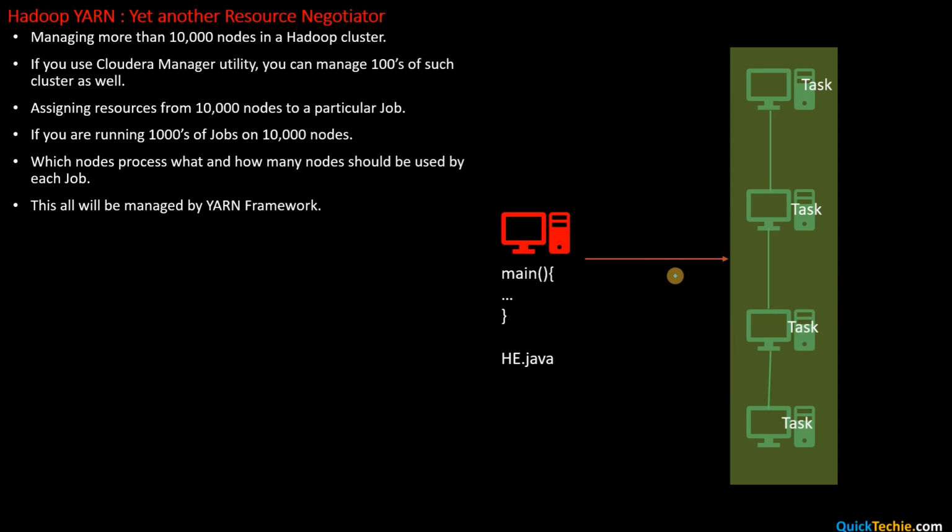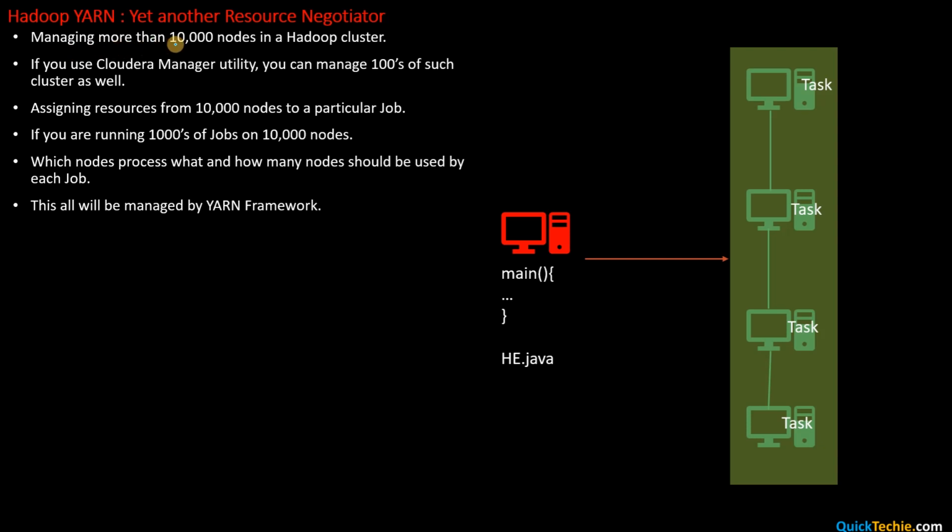Hadoop YARN, that is a very important thing. Even if you are using Spark and not Hadoop, you still need to know what YARN is and how it is being used. YARN is Yet Another Resource Negotiator, a framework created by Hortonworks, which is now part of Cloudera as well, since both companies merged. It was created by them and later donated to the Apache Foundation.